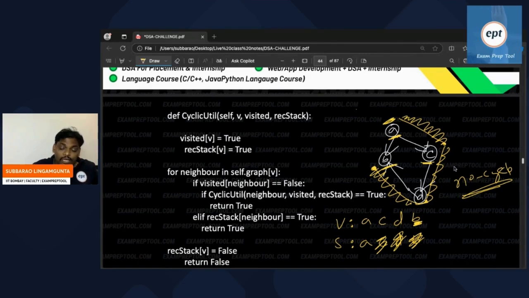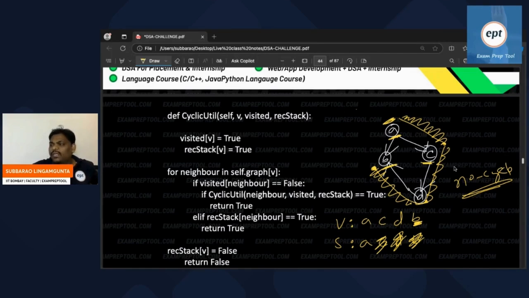Widgeting the person who is already widgeted and presently is there in the stack also, that edge is normally called back edge. If back edge is there, cycle exists.